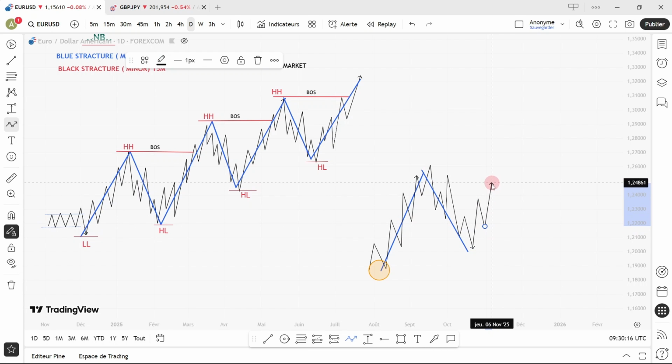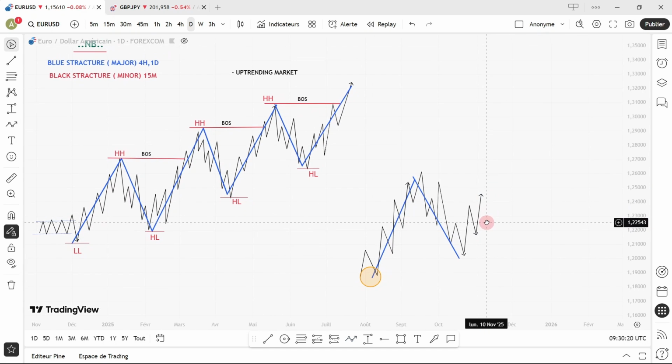just like this, what does this mean? This simply means that the lower time frame is aligning with the higher time frame, meaning this pullback is coming to an end.